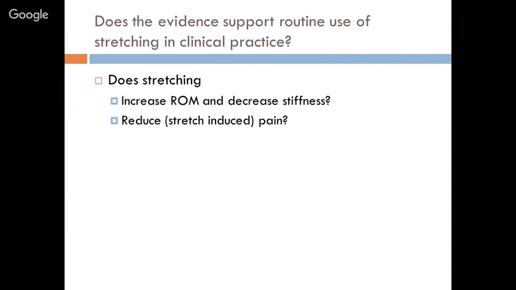So if I apply stretching, will it improve pain? Or does stretching reduce spasticity? It's very specific to neurological conditions, and even though not many people are currently using it, it is conventionally believed that stretching reduces spasticity. So we've looked into studies which also address this question.